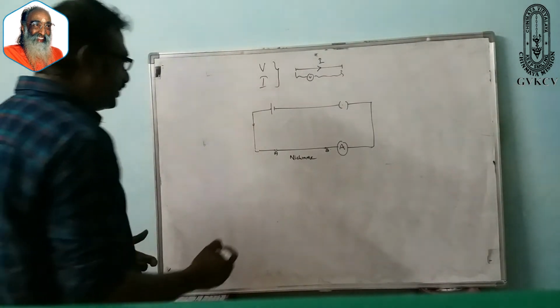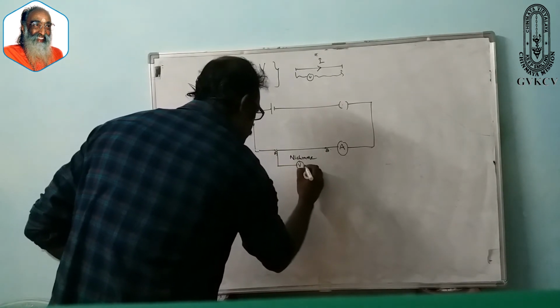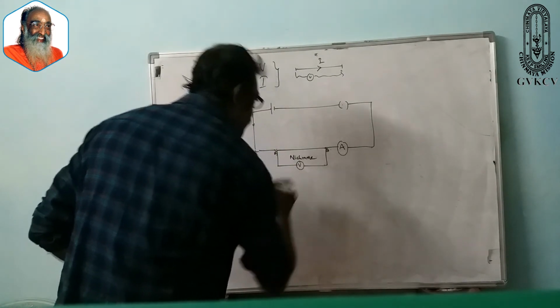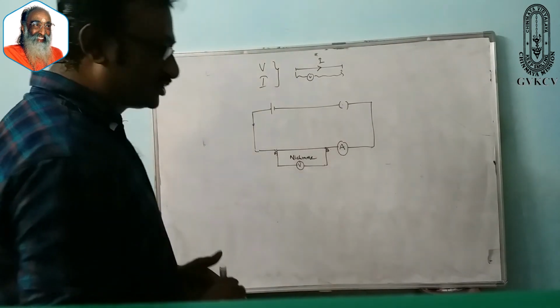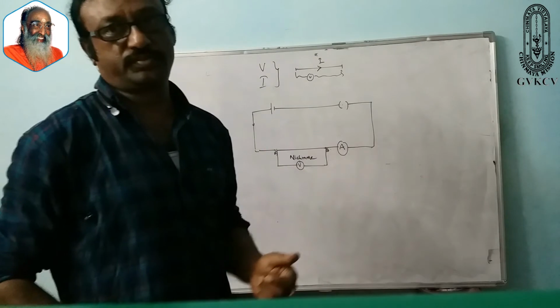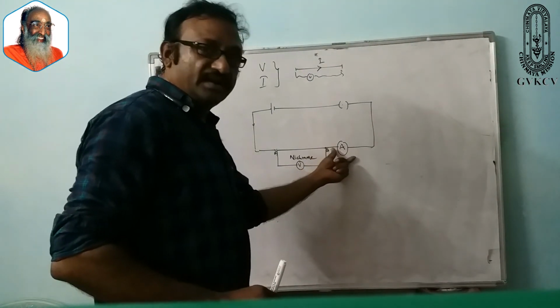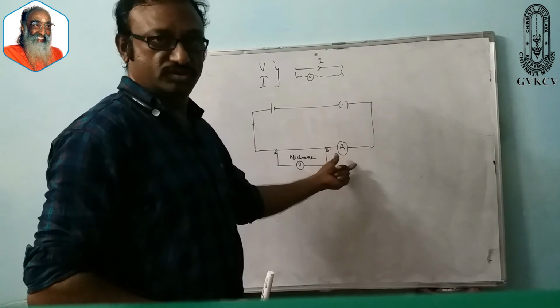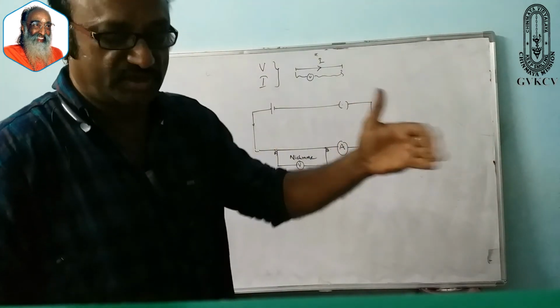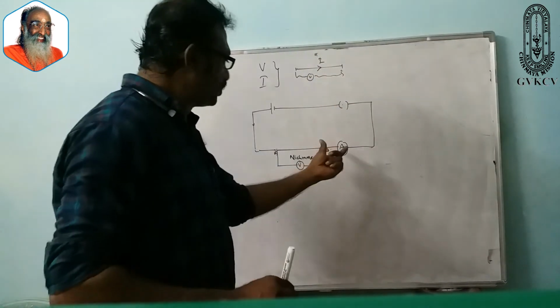So a voltmeter is connected. One thing you might have observed is how I have connected the ammeter and voltmeter in the circuit. The ammeter is connected along with the circuit. It means that it is connected in series with the circuit. Remember, any component connected along with the circuit, we call it connected in series.